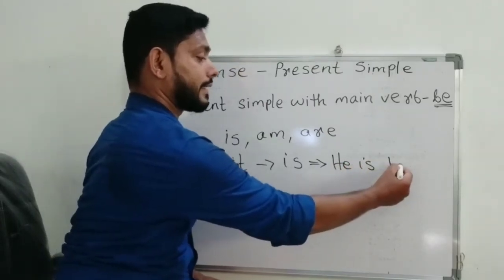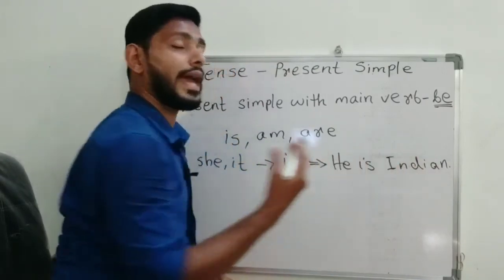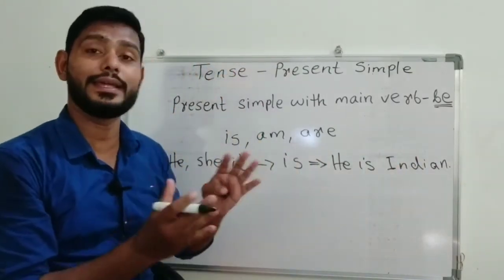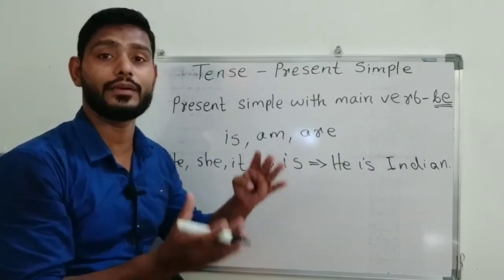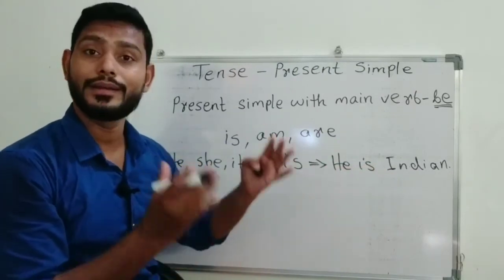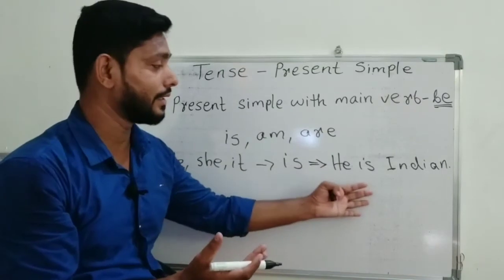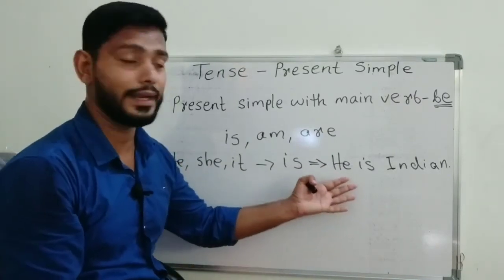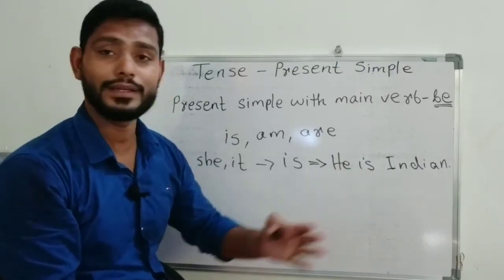He is Indian. It is a general time now. What he is, state of being. At what stage or state of situation he or she is. He is Indian. Let's talk about the present time. He is Indian. If you want to make the sentence negative, we have to add is plus not, is not. He is not Indian.